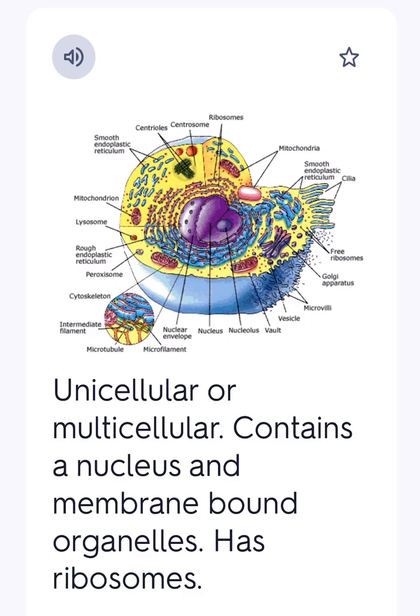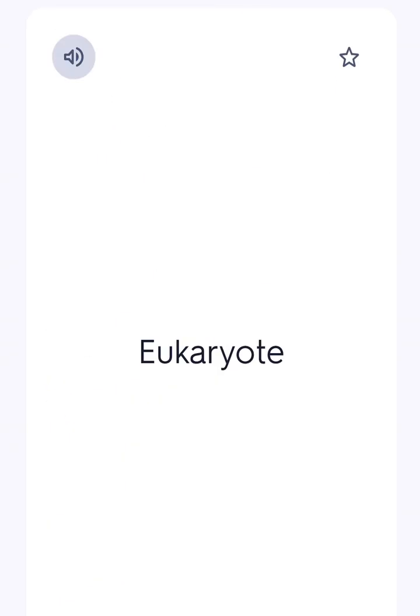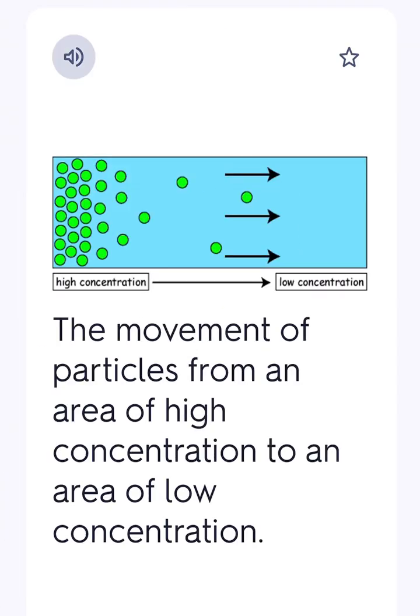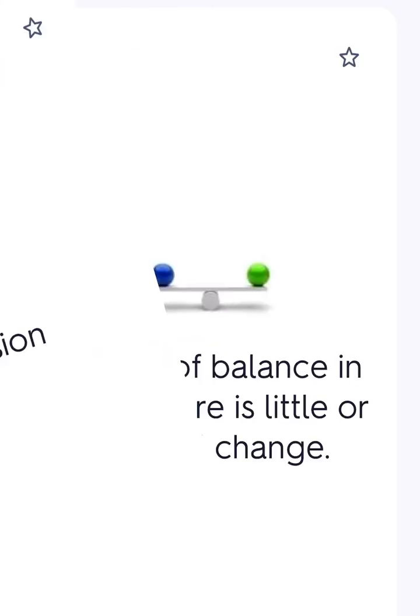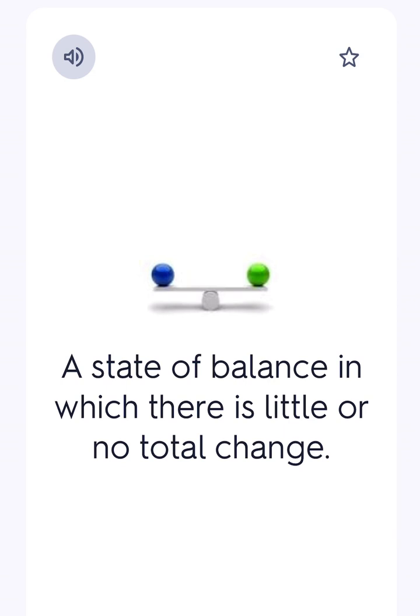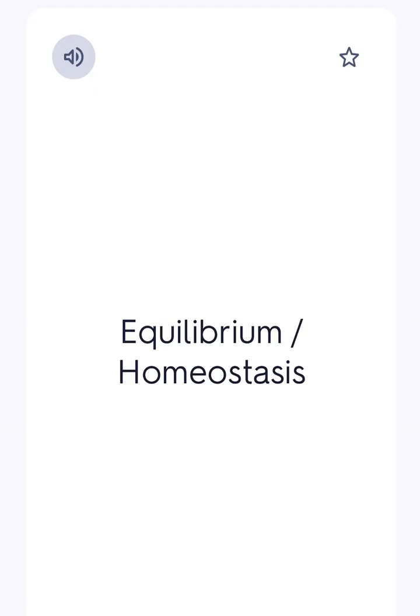Has ribosomes. Eukaryote. The movement of particles from an area of high concentration to an area of low concentration. Diffusion. A state of balance in which there is little or no total change. Equilibrium/homeostasis.